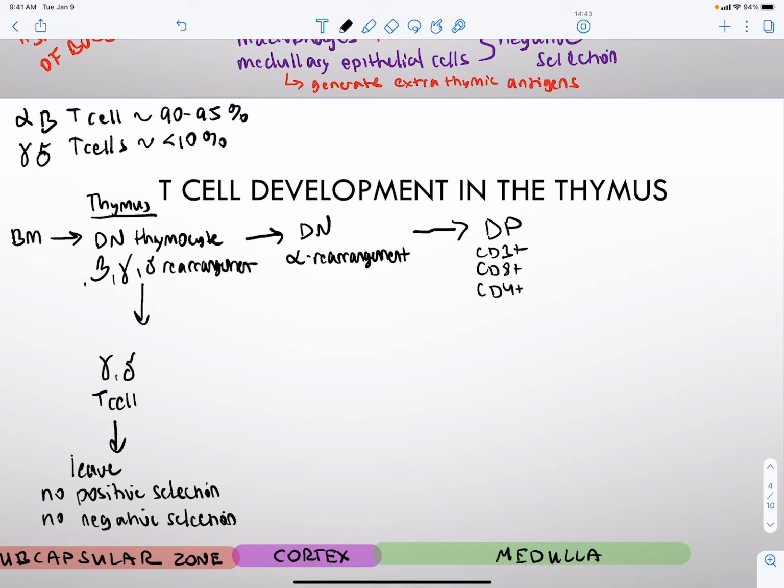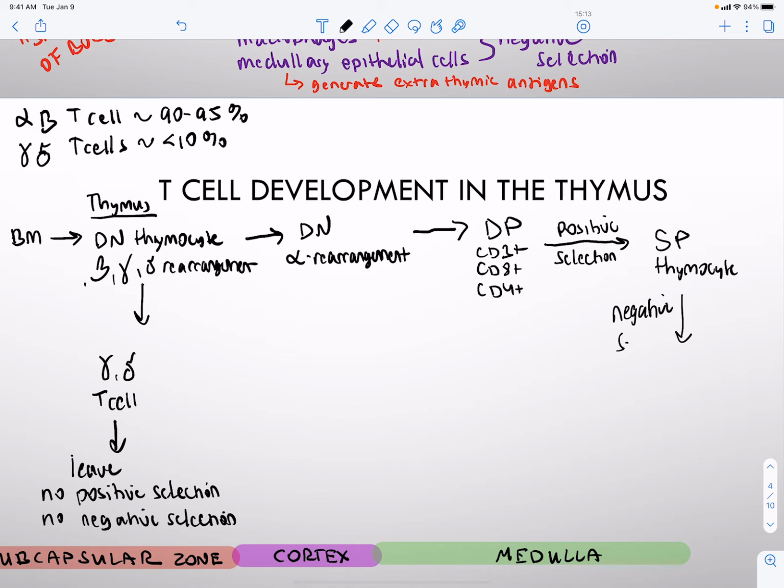And then it's going to go through positive selection. And it's going to become a single positive thymocyte. And then it's going to undergo negative selection, and it's still going to be a single positive thymocyte that gets released or it gets killed.